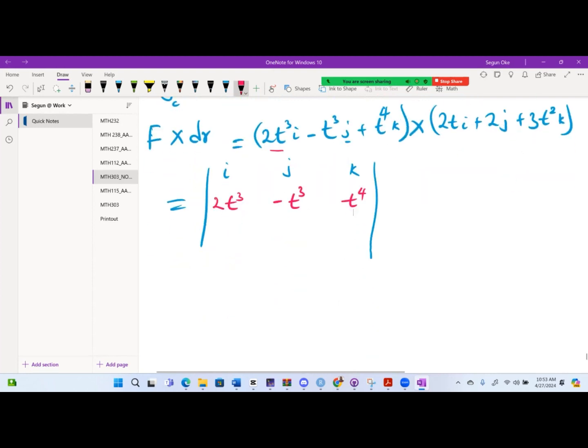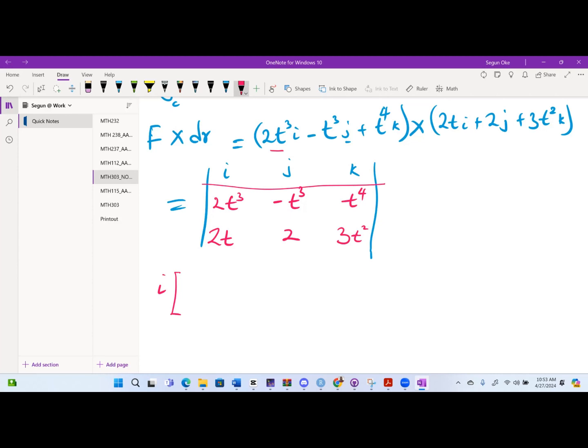So here we have 2t, 2, 3t squared. Remember, when you are doing the cross product, we did that. Let's deal with i first. That means we are using this row against this column. The remaining ones will cross multiply: this multiplied by this, minus this multiplied by this.